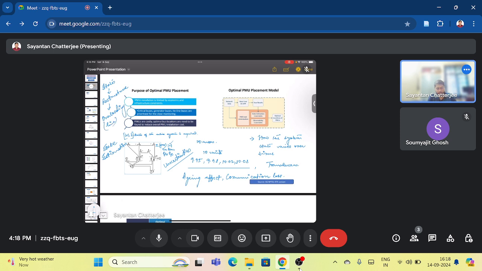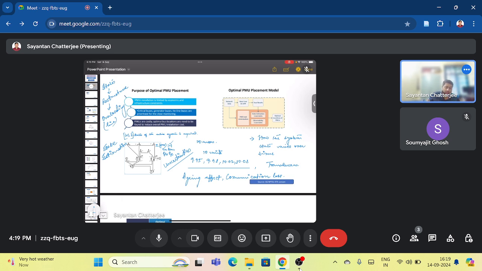From these activities, you can find out whether any part of the lines is overloaded or not, from the security constrained optimal power flow. So my point is that we can make sure that the states we are getting are the best, or optimal, states.